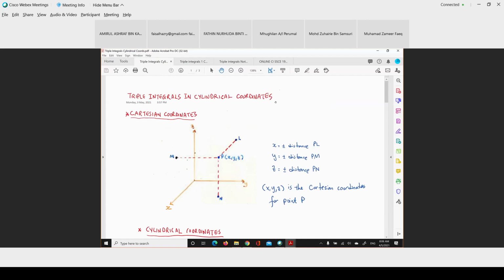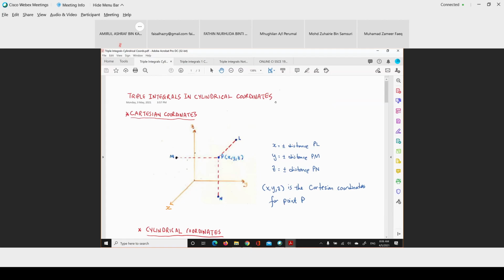Okay, you are already familiar with Cartesian coordinates. I'm already sharing with you. You're already familiar with Cartesian coordinates x, y, z. So x is the plus or minus distance PL, depending on which octant P is. So x, y, z can be positive or negative.